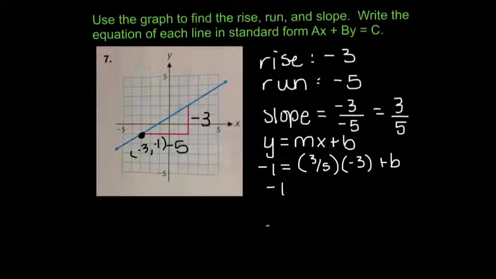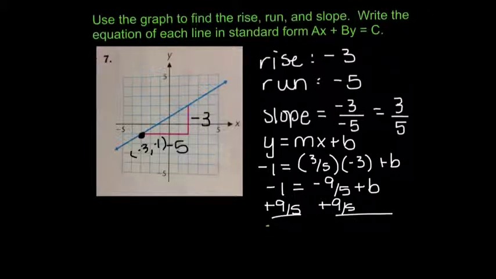This gives me -1 equals -9/5 plus b. If I add that 9/5 to both sides, this gives me that the y-intercept, or b, is 4/5.